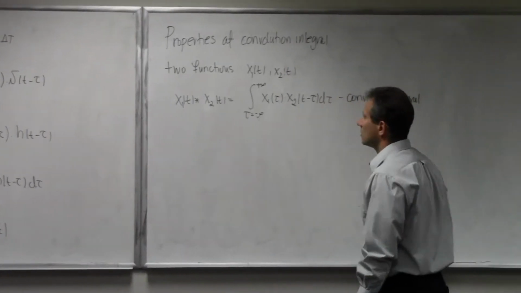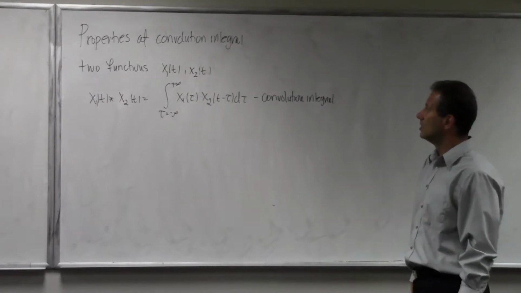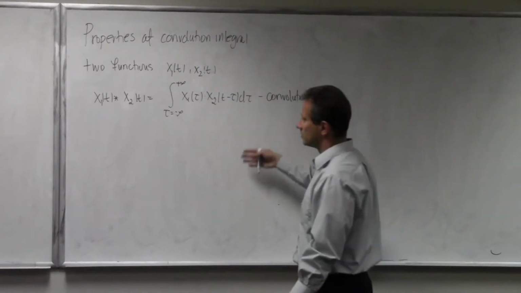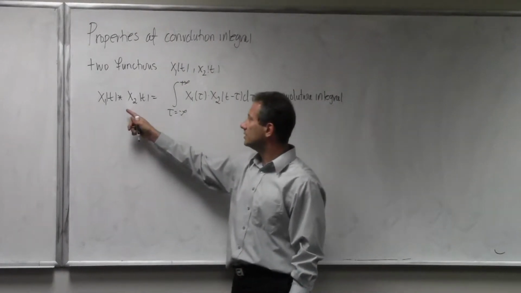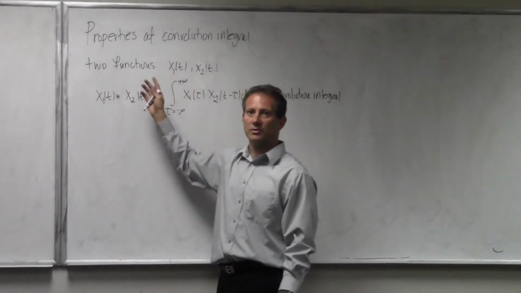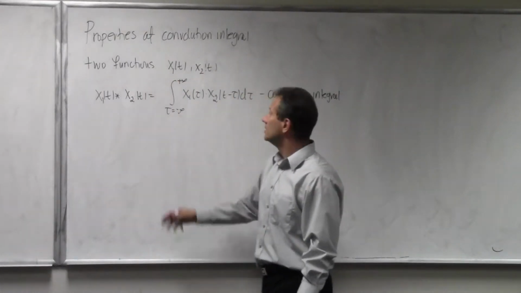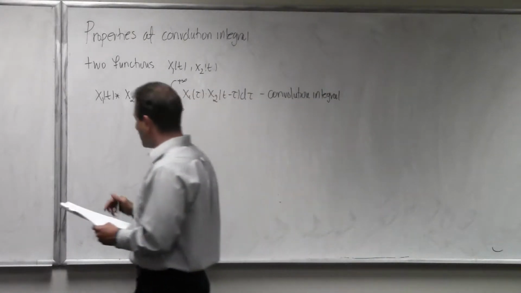Convolution as an operation occurs in other fields outside of this. So the way these properties are stated, I just have two functions, without explicit reference to which is the input and which is the impulse response. It can be any two functions, and I'm just performing this operation on the two of them. So what are the properties?